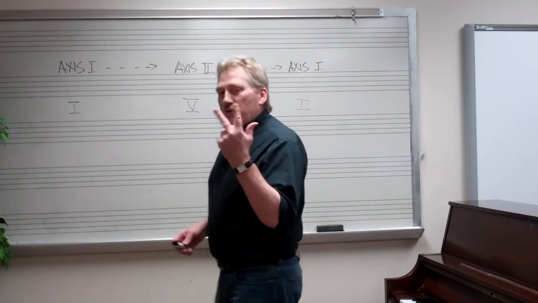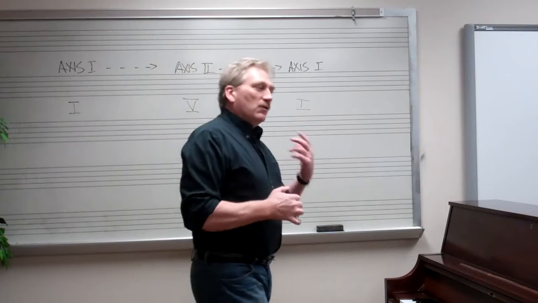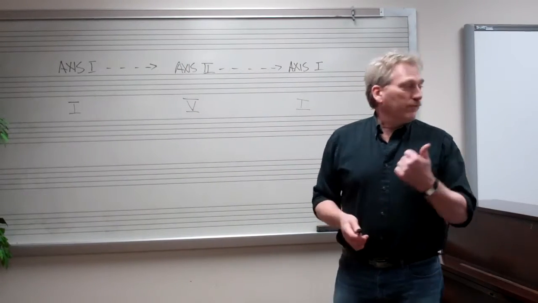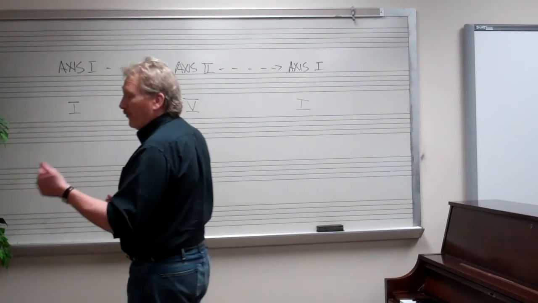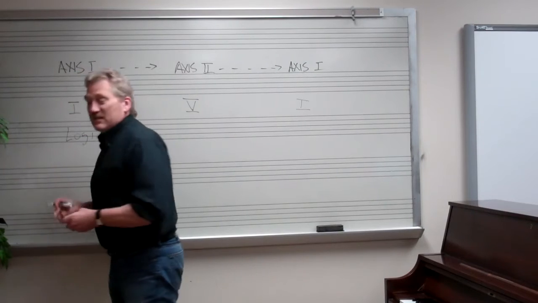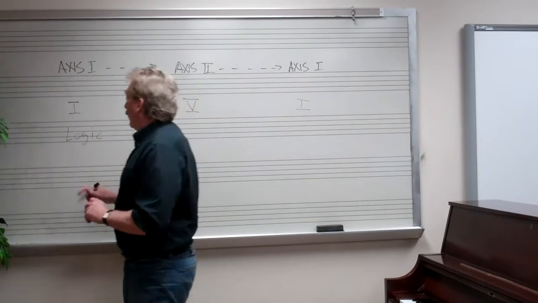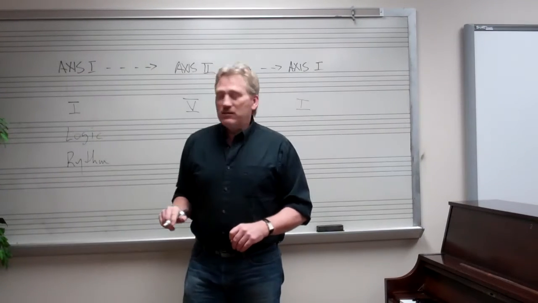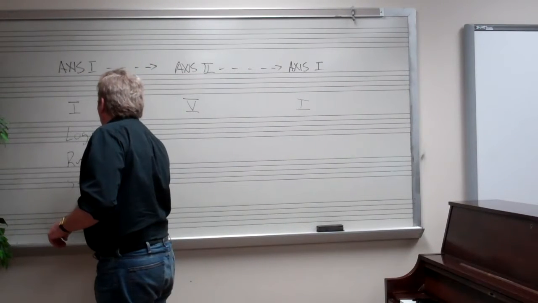So, there are going to be three issues we need to understand in terms of how harmonic progression works. The first is the logic of the harmony. The second is the harmonic rhythm. And lastly is the degree of stability.